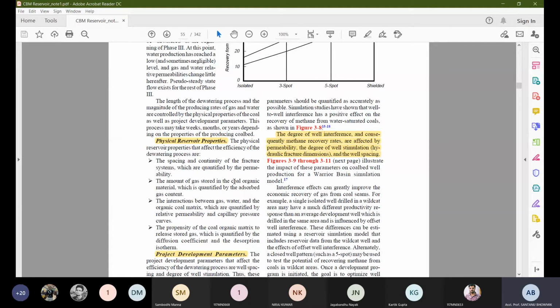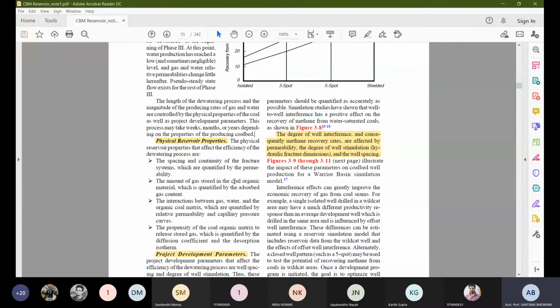Depending on the type, rank or grade, you know that their composition will vary. Some coal will have a very high carbon content, more than 90%. So you are supposed to get a very high gas content if the rank is also higher, because you have already seen that if the rank is higher, it may deliver a higher content of gas.